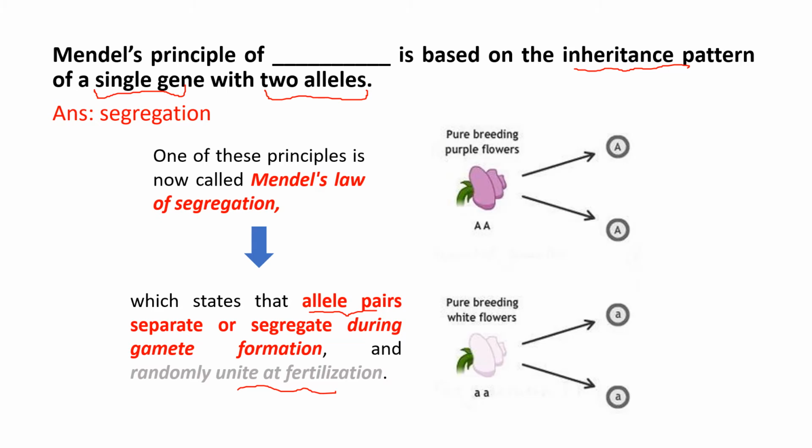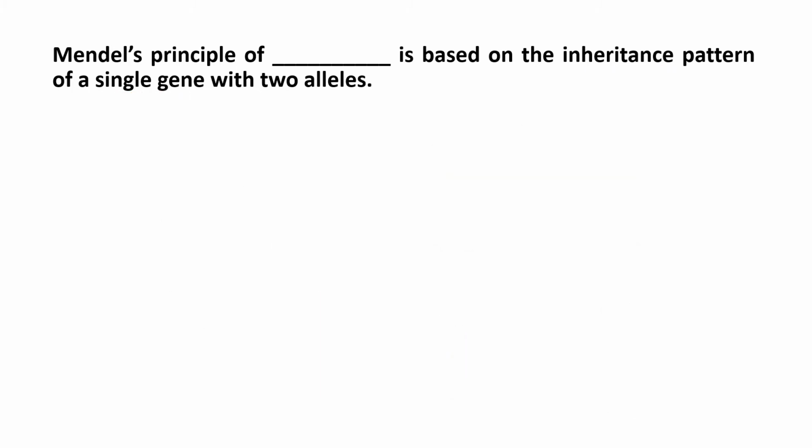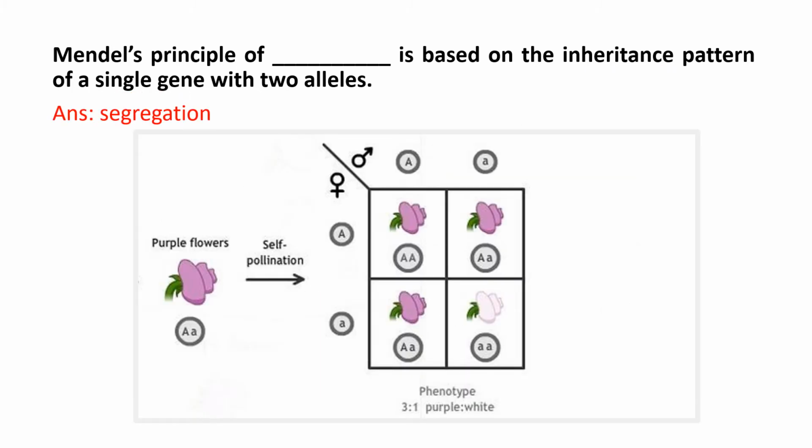For example, here you see that you have allele pairs in both of them, and each allele is going to separate during gamete formation, and they will unite randomly at fertilization. Again, you can see it: here they separate, and they reunite here during fertilization. And here you find 4 cases where they randomly unite.